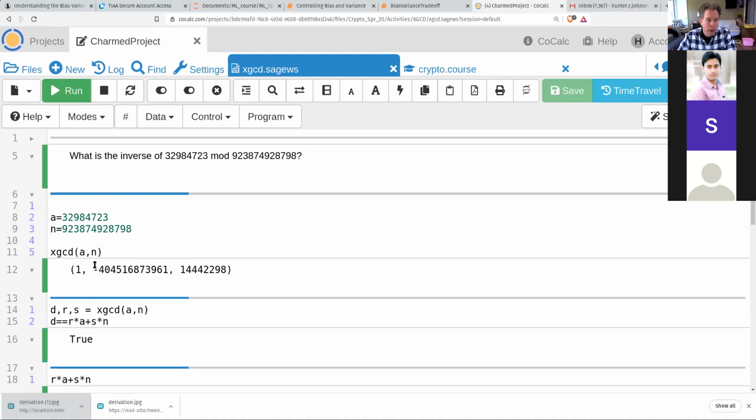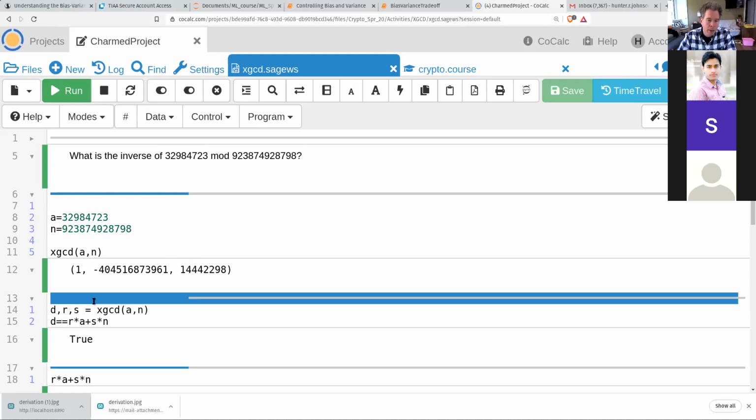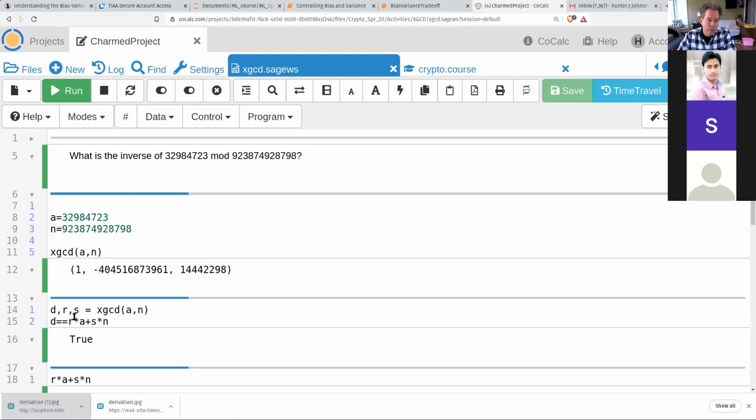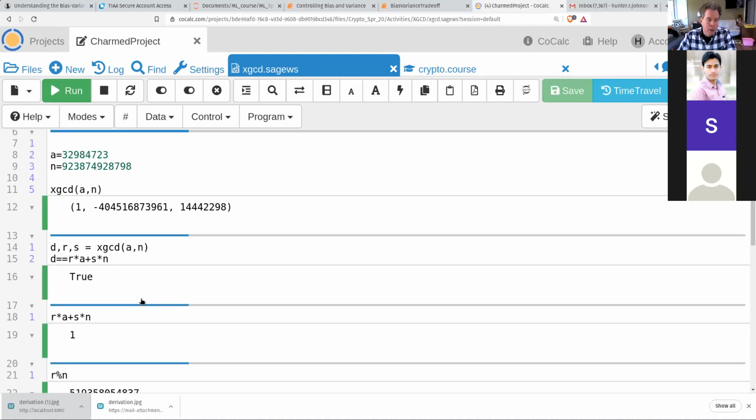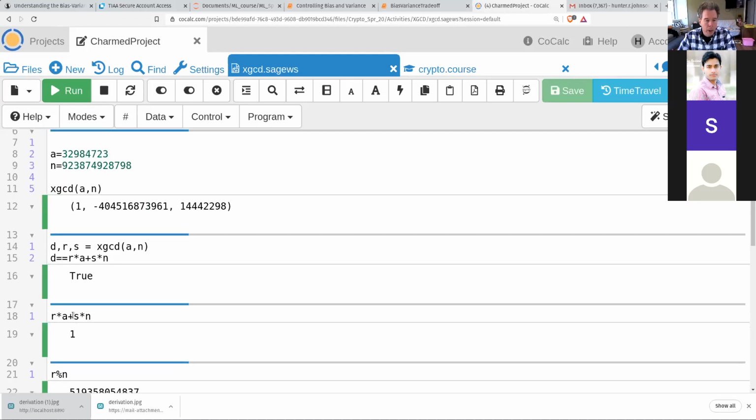And these are the Bézout coefficients. So here you can see D is 1, R is that, S is that. So is it true that D is equal to R times A plus S times N? Yes. And then what is the right-hand side? It's just 1.